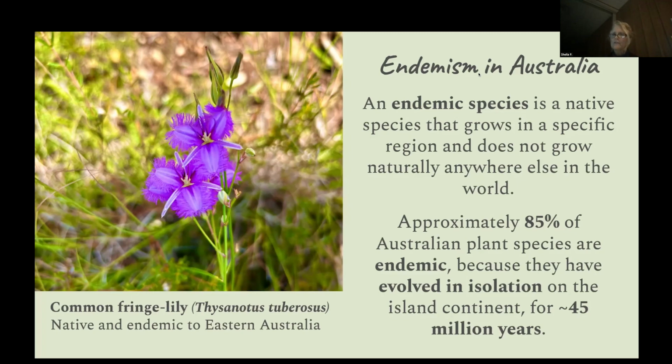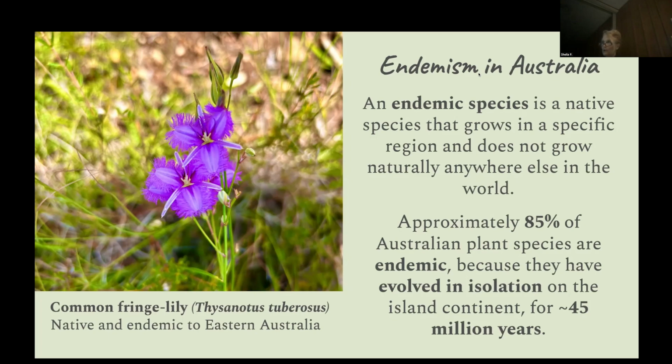A very high percentage of plant species in Australia, approximately 85%, are native to Australia, but also don't grow anywhere else but Australia. And the reason for that is Australia has been an island continent for 45 million years. It was attached to other landforms before that, but around 45 million years ago, it separated.